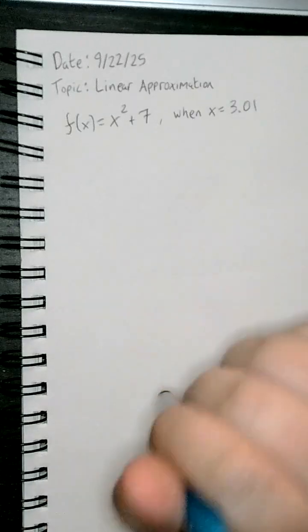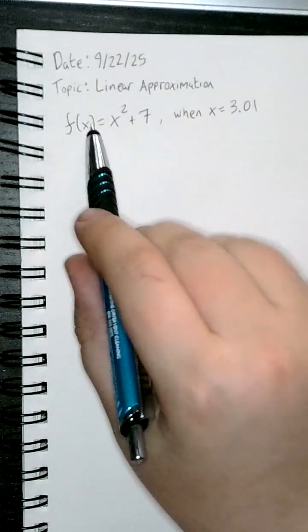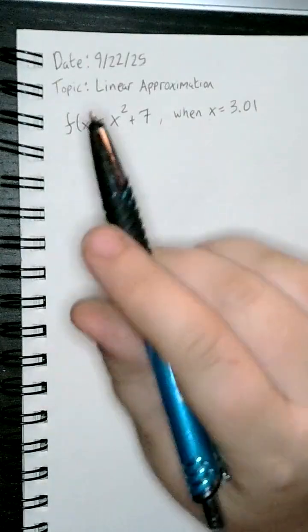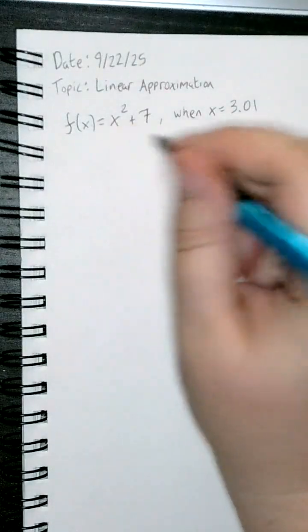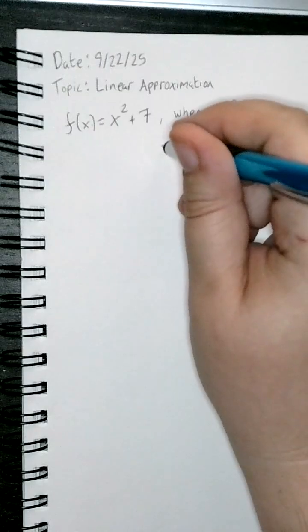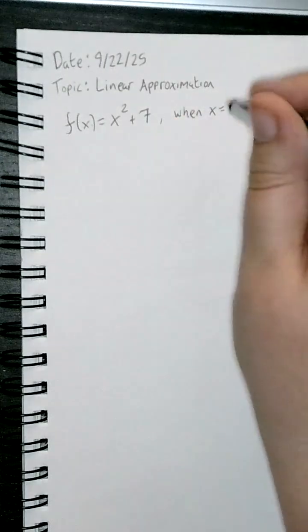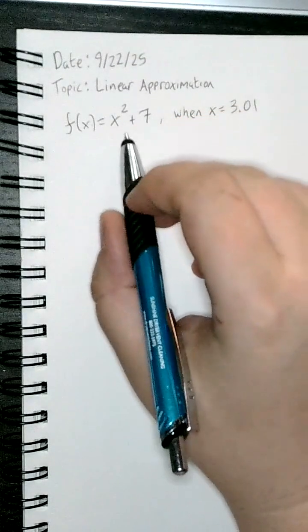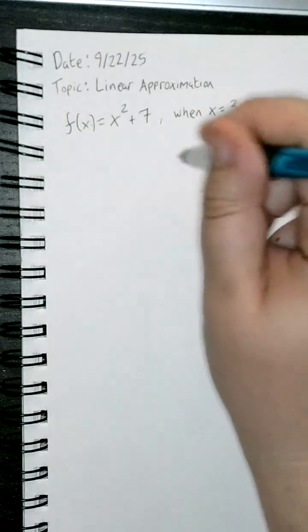How do I use linear approximation to help me find the value of this function at this point? Well, I can do that by using the equation of a tangent line. I can figure out relatively easily what the value of this is when x equals 3.